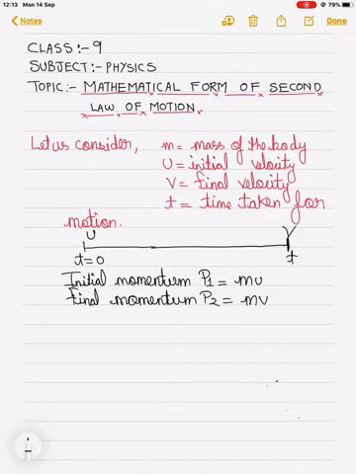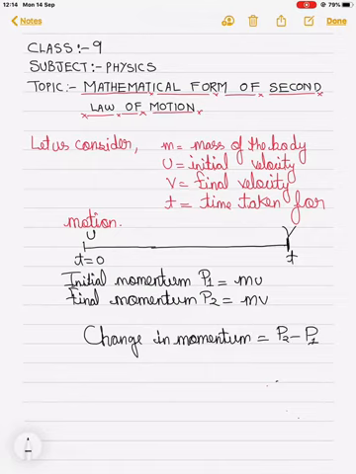Now we need to find the change in momentum. So change in momentum is final momentum, that is P2, minus initial momentum, that is P1. When we substitute the values, we get mv minus mu, where m is taken as common, and it will be m(v minus u).